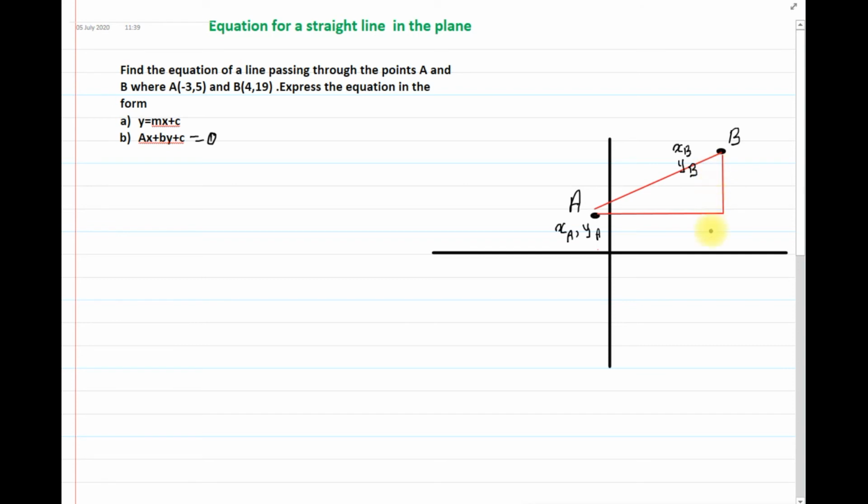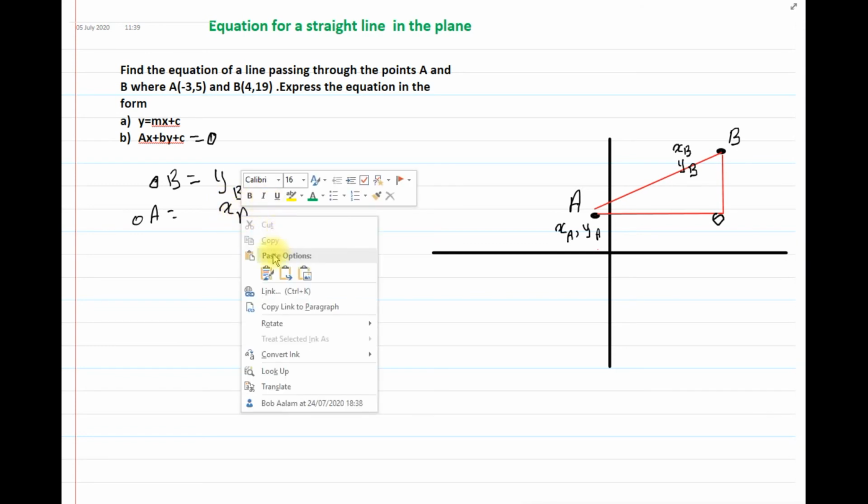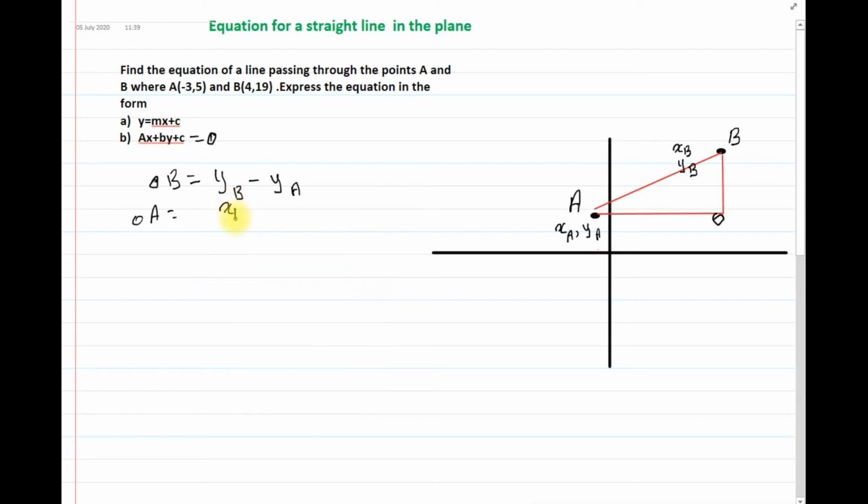Now, if I mark this point as O, OB is equal to the difference between the y coordinates of B and A. It's y of B minus y of A. And OA is the difference between the x coordinates, x of B minus x of A. So the gradient of this line is given by OB divided by OA, which will be y of B minus y of A divided by x of B minus x of A.